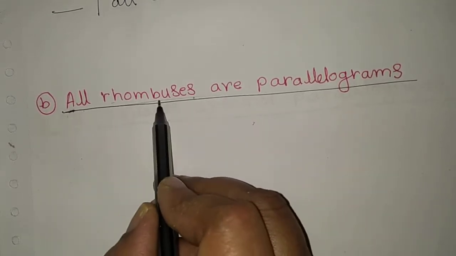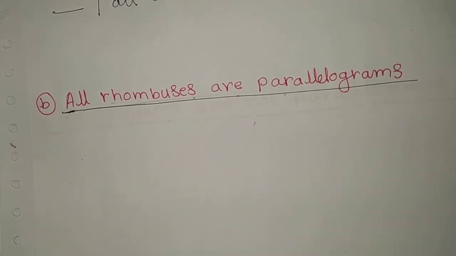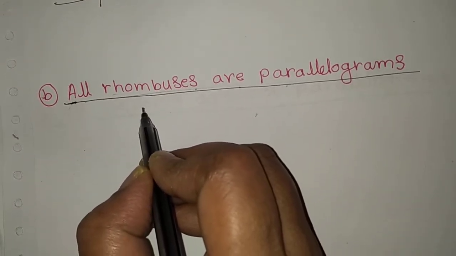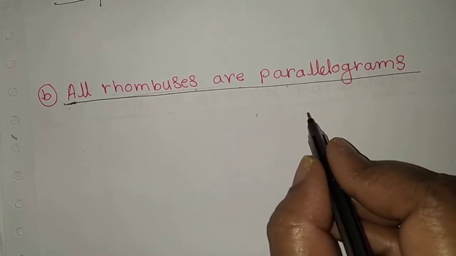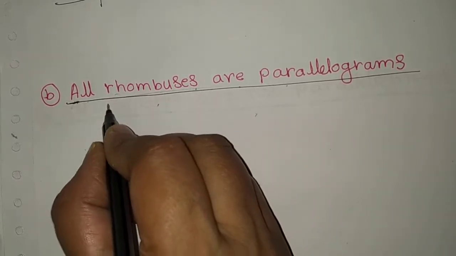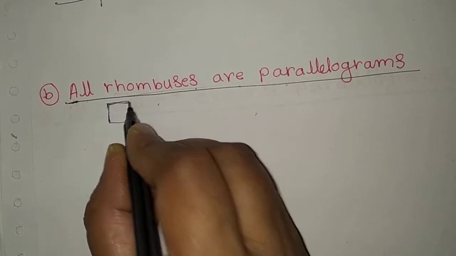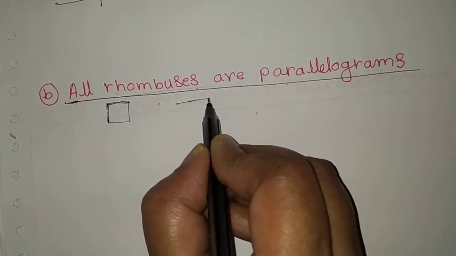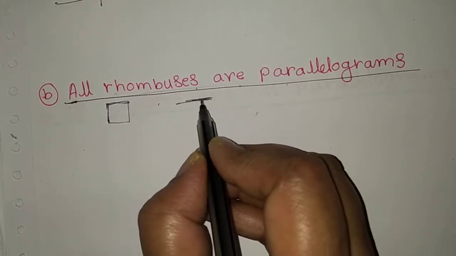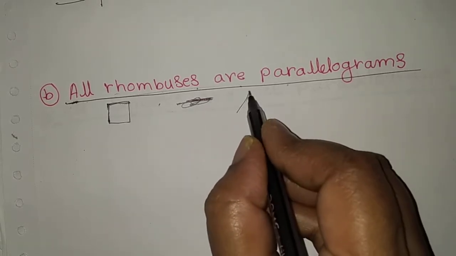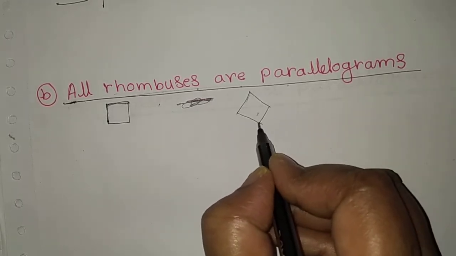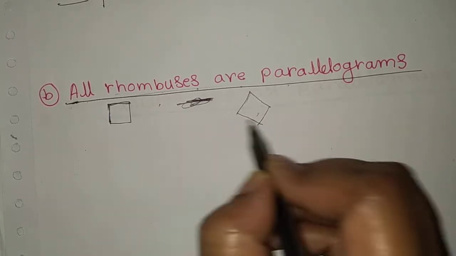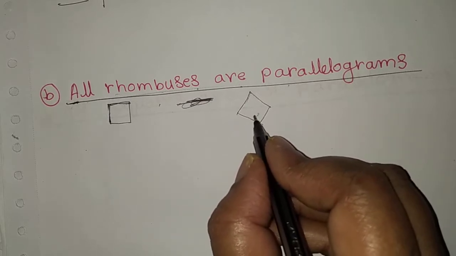B given is: all rhombuses are parallelograms. So what happens here? We'll just see. I'll write one square, for example, and one rhombus. This is a rhombus and this is a square.